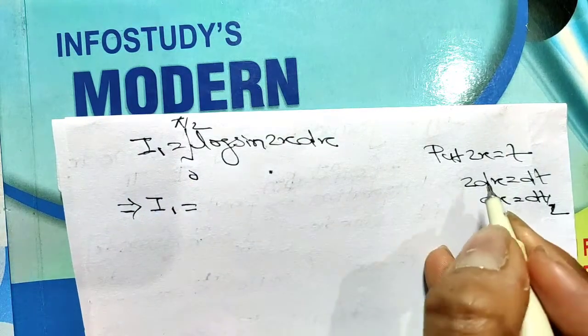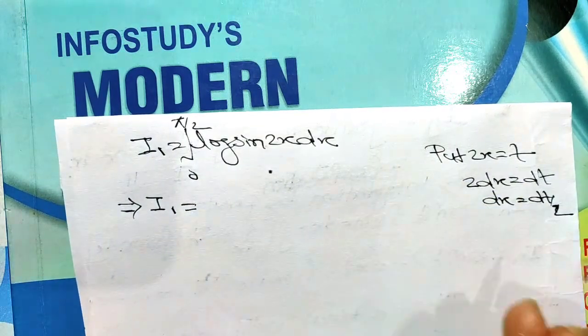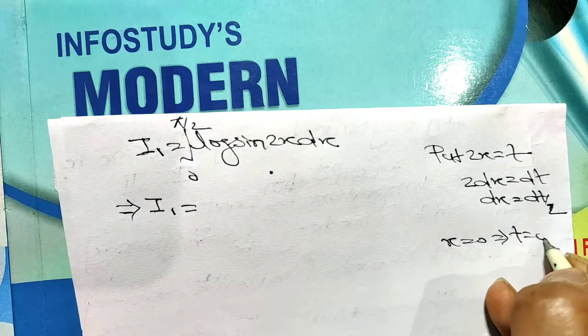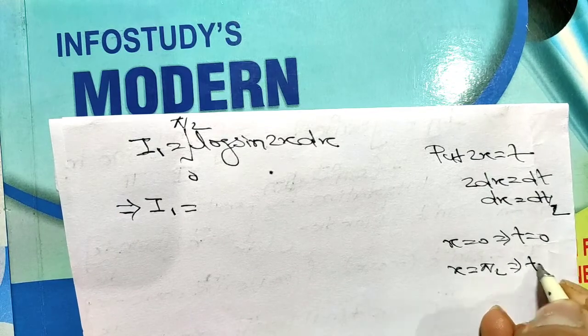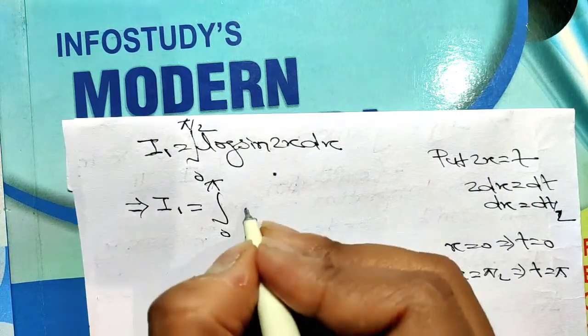After putting this variable t, the limits change accordingly. If we put x equals 0, t becomes 0, and if we put x equals pi by 2, t becomes pi. So let's change the limits also.